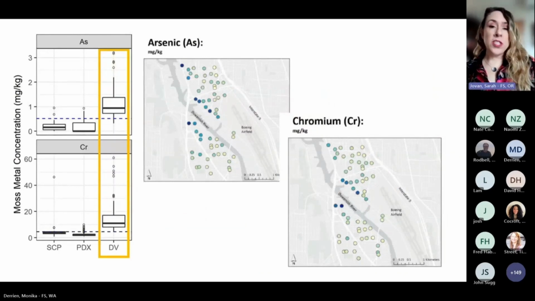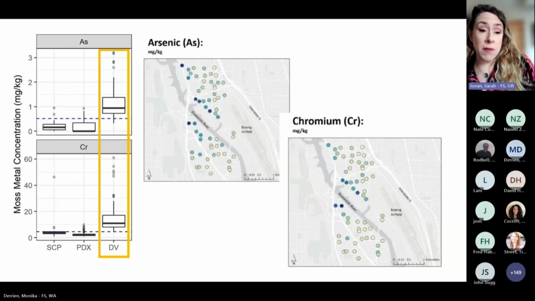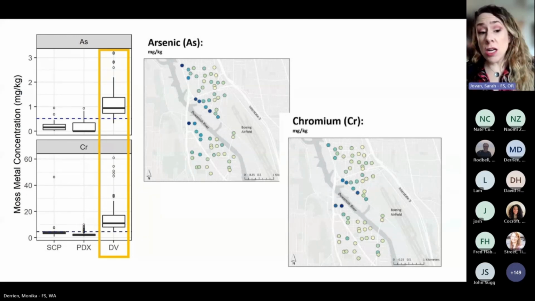So just a quick example of the results, which are all based on the youth moss samples. There's just too much to cover here, so here's just an example. If you look at the box plot on the left, in the orange highlighted area, we can plainly see that arsenic and chromium are much higher than we've observed in other moss data sets.